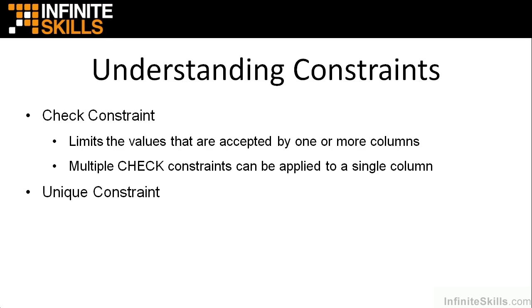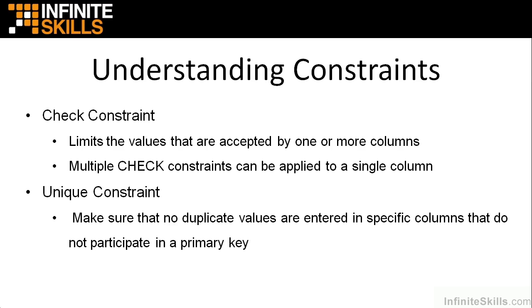The unique constraint is another one that's great to have. A unique constraint on a column just ensures that no duplicate values can be entered in that column. So a unique constraint makes sure that no duplicate values are entered in specific columns. And this is a column that does not participate in a primary key. Go back to the primary key again. You'll always end up with a primary key in most tables, and that primary key ensures that there are no duplicate rows.